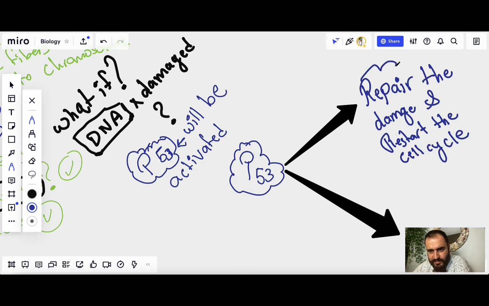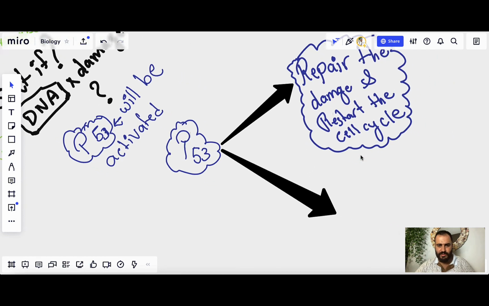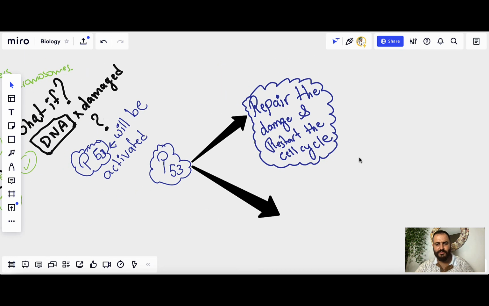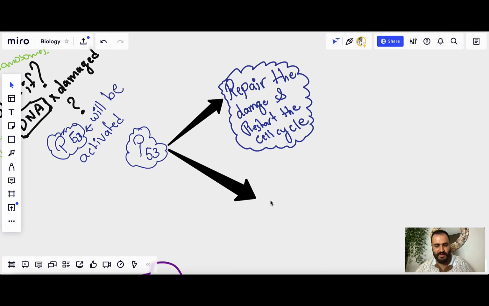This is the first option. And again, here there are more proteins that are involved in the process of repairing, including enzymes called DNA polymerases. These enzymes have the ability to repair mistakes.